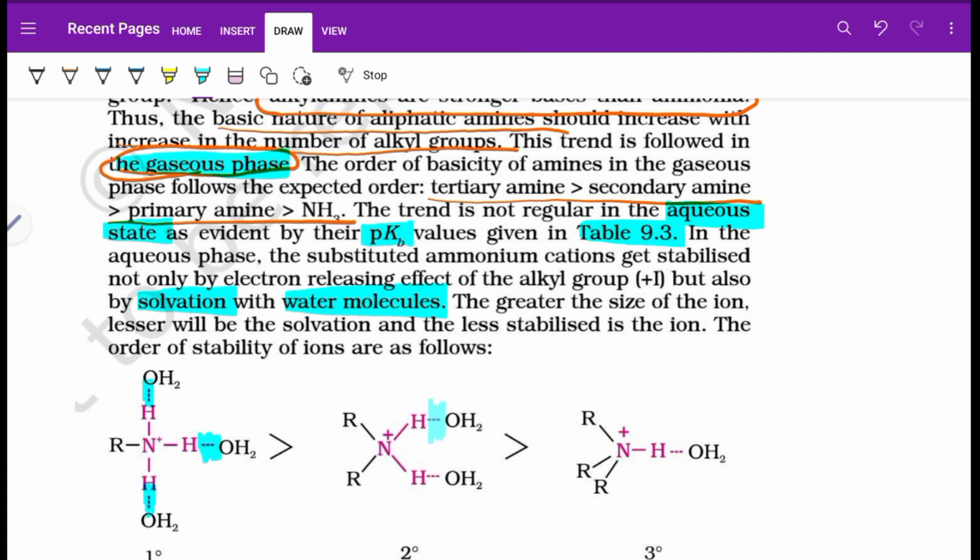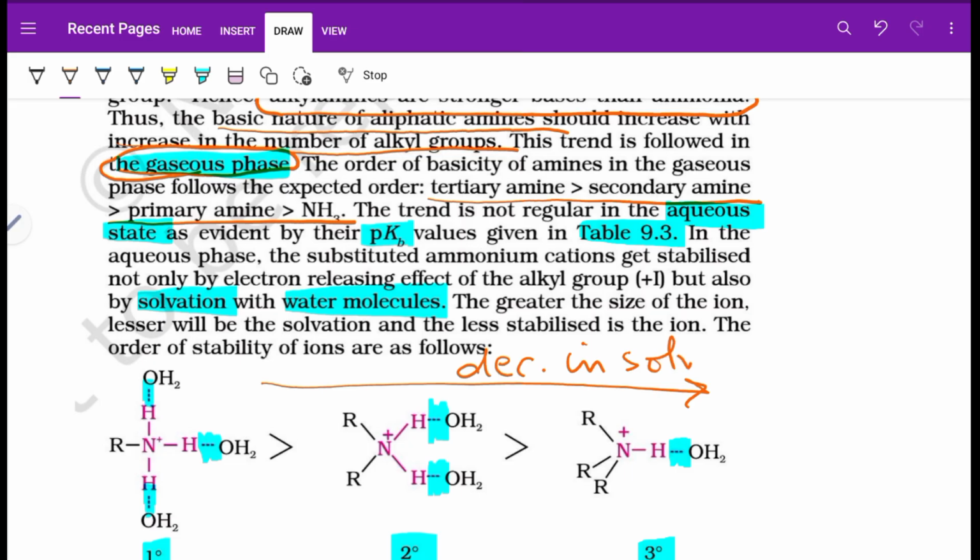Now, if it is a primary amine, then this extent of hydrogen bonding with H2O molecules is maximum, more than in a secondary, than in a tertiary amine in the aqueous phase. So I can say the extent of solvation order is this, and this is the decrease in solvation order.